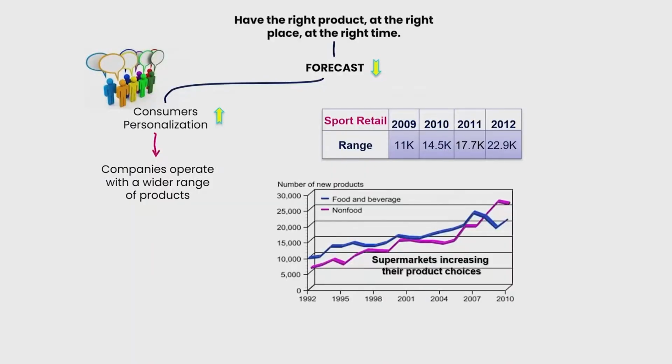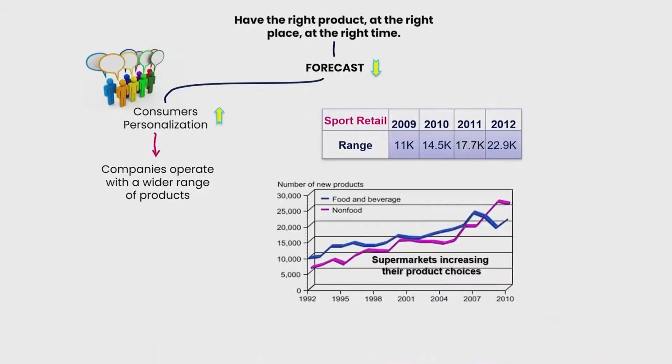So let's look at the following statistic. This is a statistic of the average supermarket in the US, number of SKUs between 1992 and 2010. Okay? The blue line represents food and beverage. How many SKUs of food and beverage from 1992 to 2010 in an average supermarket in the US?